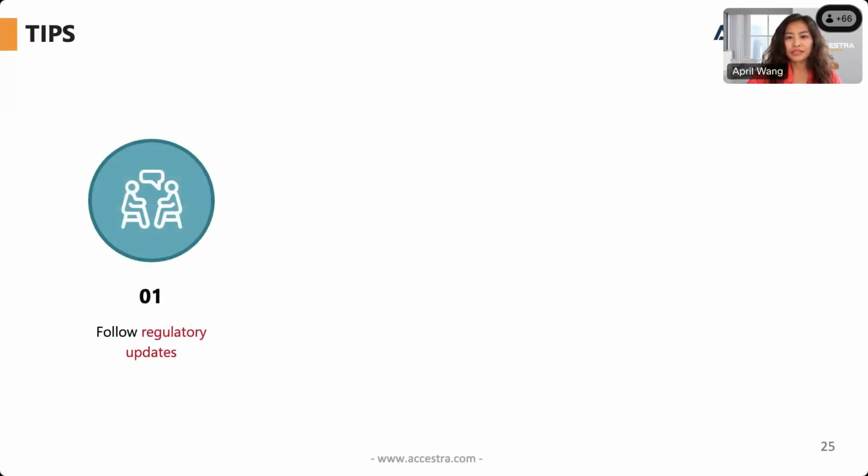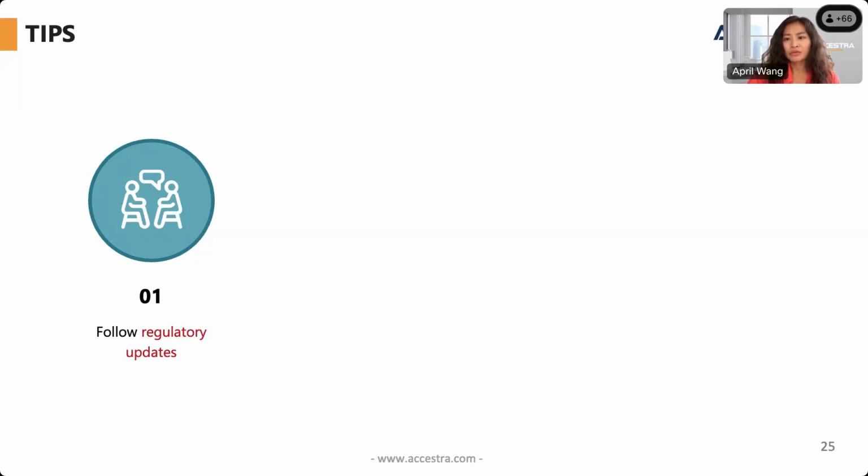Now, I'll share with you the top 4 tips on how to overcome these pitfalls. Firstly, follow China's regulatory updates, as China's drug policy is rapidly evolving and significant reforms and changes occur frequently. We expect new upcoming regulations to replace the older ones, which could potentially impact your market entry plan.